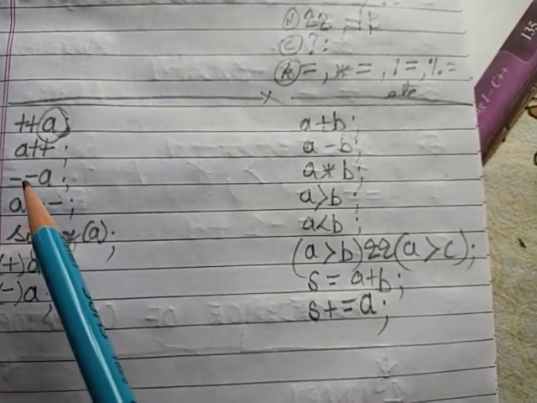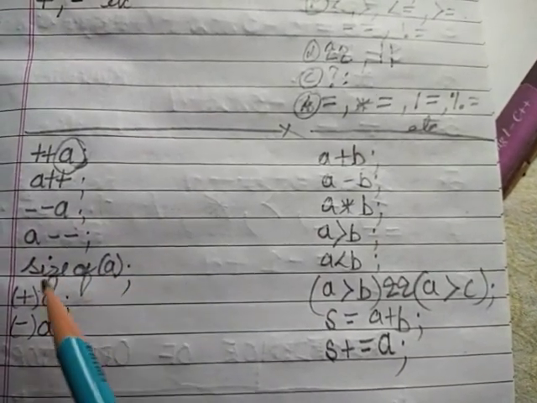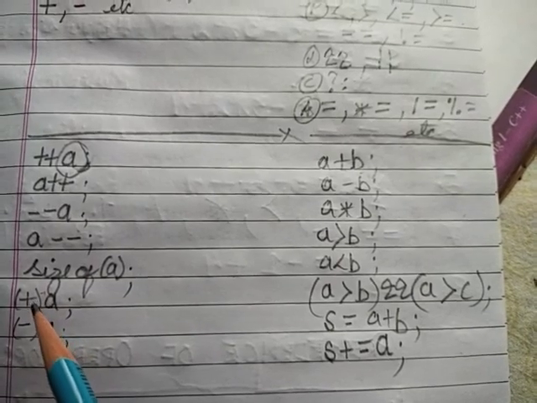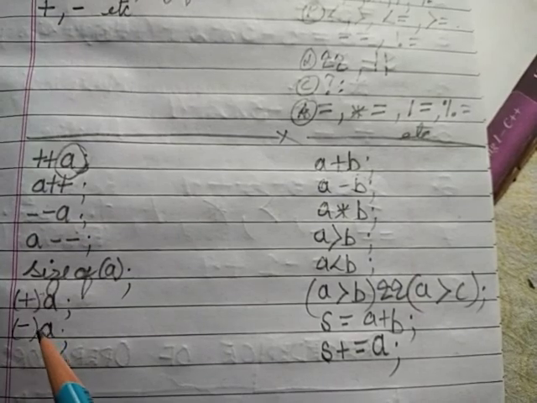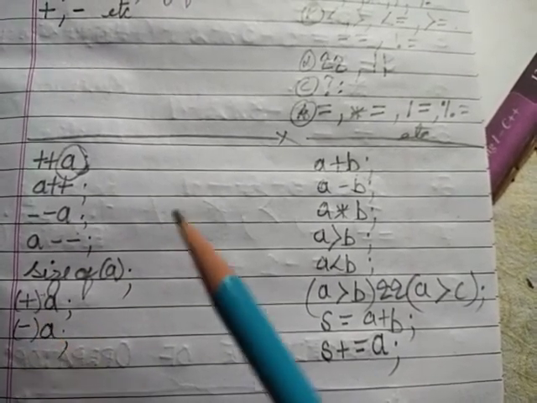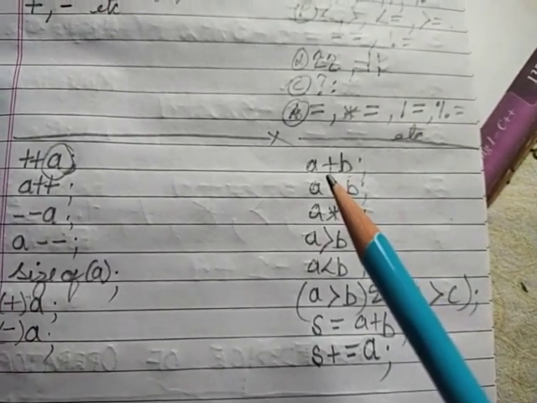Other examples: we have the decrement operator, then the sizeof operator, and we have +a. This +a over here shows the positive value in a, and -a means the value that resides in a is negative. Whereas in a binary operator, plus over here is the addition symbol.